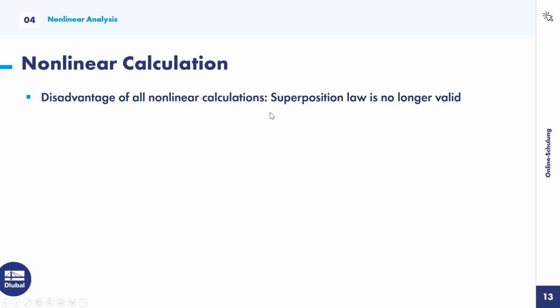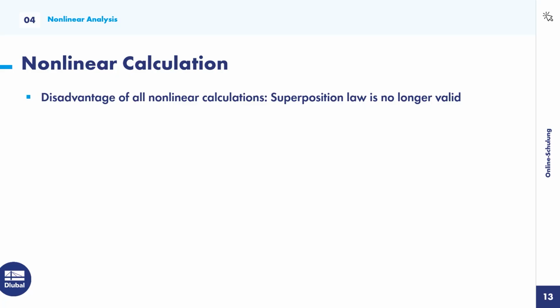If you remember from the first semester, you would calculate the first load case, let's say self-weight. You get your moments and shear forces as results, then you pick your next load case and calculate it independently. You get your internal forces, and for the final result, you just add them, because why not?